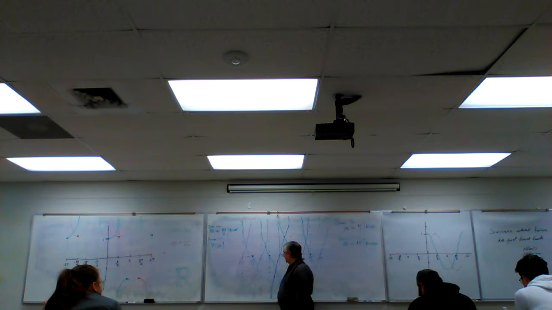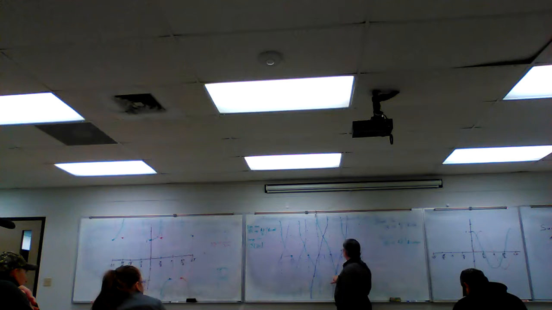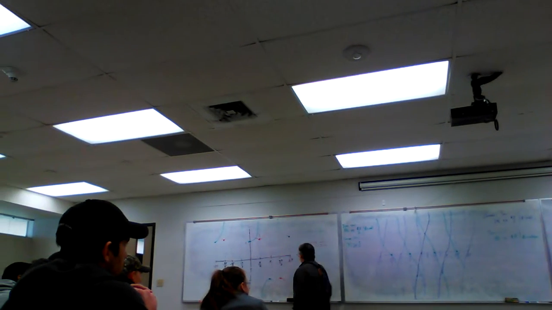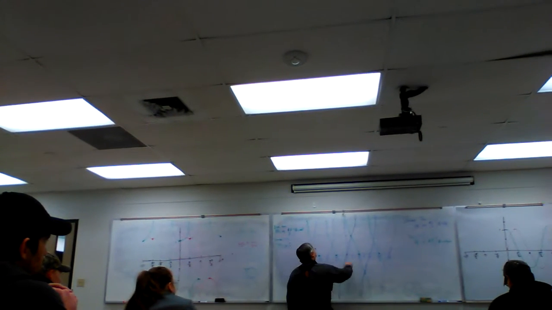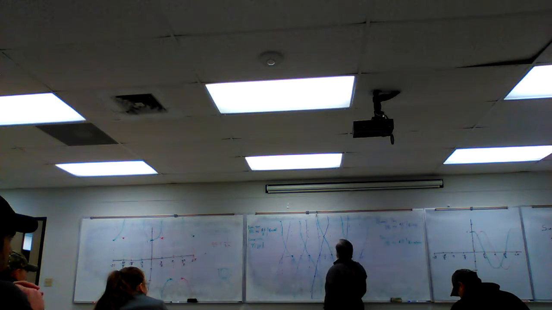So how long does it take to get from this point to the next time it gets to that point? I'm sorry, not tangent. From -1 to the next time it's -1. Well, how long does it take from the first time it's 1 to the next time it's 1?